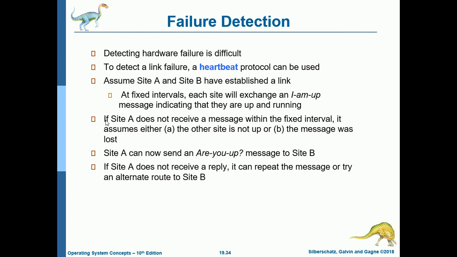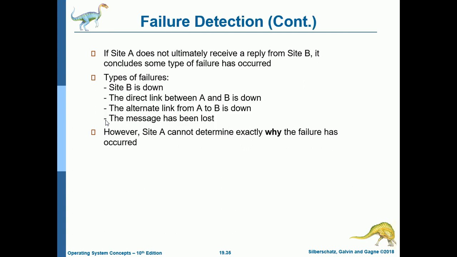Again, site A and site B have a direct connection. Site A sends an Are-You-Up message, but site B is still not replying. So site A may connect through an alternate route to site B. Next, if site A does not ultimately receive a reply from site B, it concludes some type of failure has occurred.